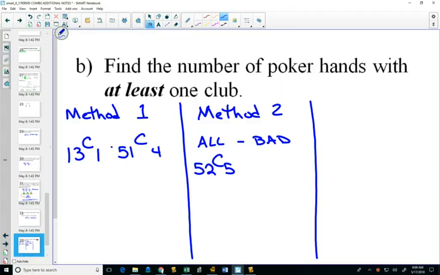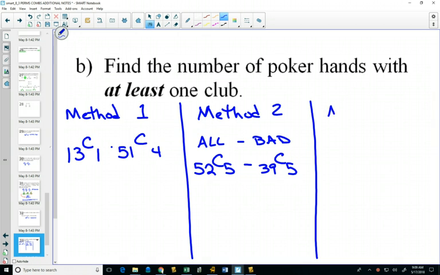And in part A of this question, we just figured out that there are 39 choose 5 without any clubs. So if I take all the poker hands possible, and I take away or subtract all the ones with no clubs, whatever's left has to have at least one club. Makes sense.